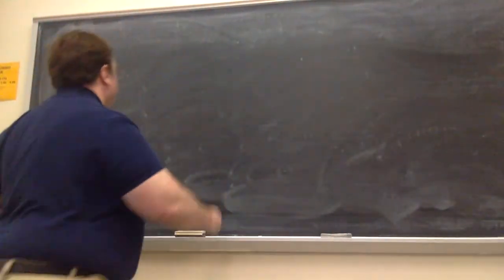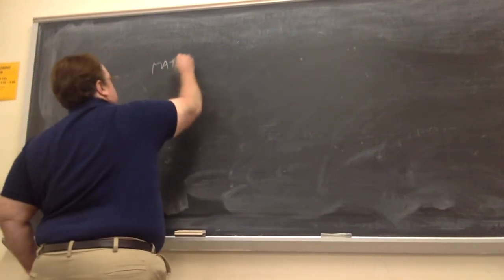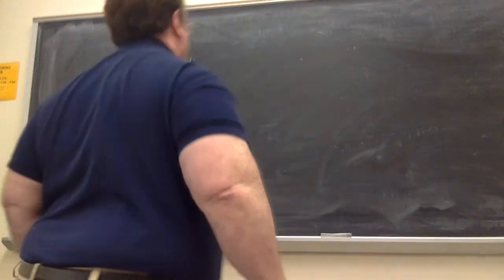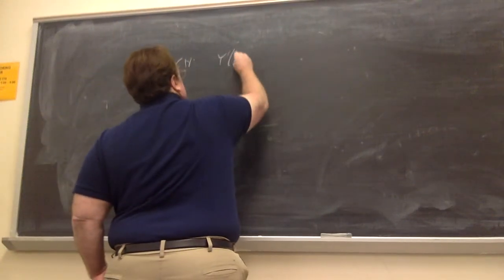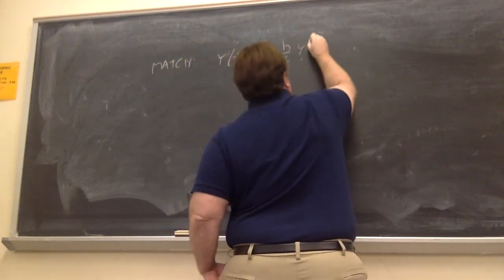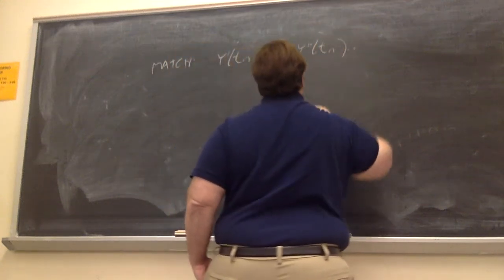Okay, so what's left that I haven't crossed off yet. So I have y prime of Tn plus h over 2 y double prime of Tn.